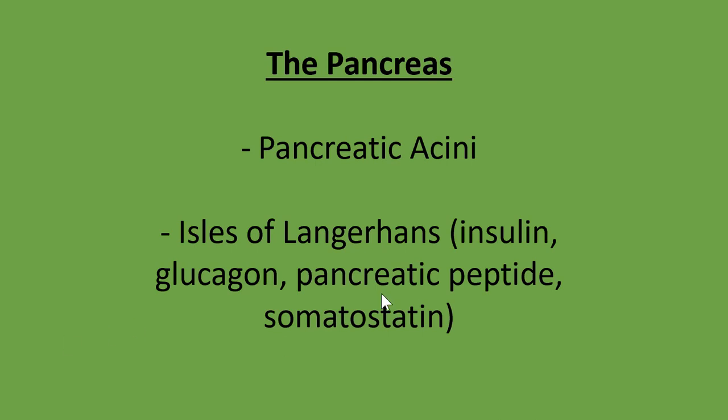Now, insulin and glucagon are just like parathyroid hormone and calcitonin. What I mean by that is they are opposers. Insulin is going to work to bring down blood sugar, while glucagon is going to bring up blood sugar. So you can kind of remember that like glucose, like we're adding glucose to the blood.